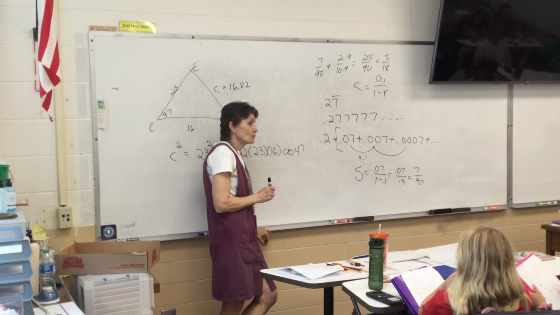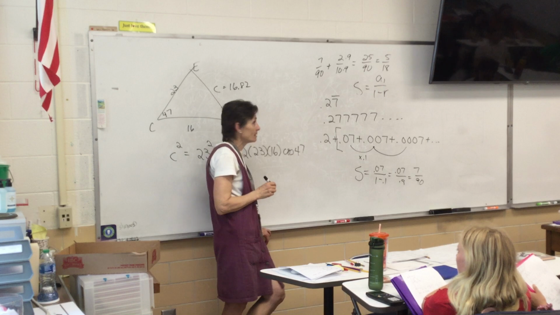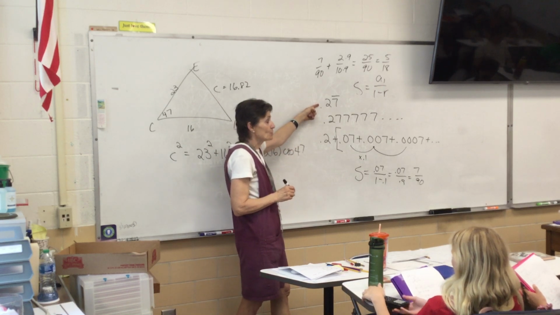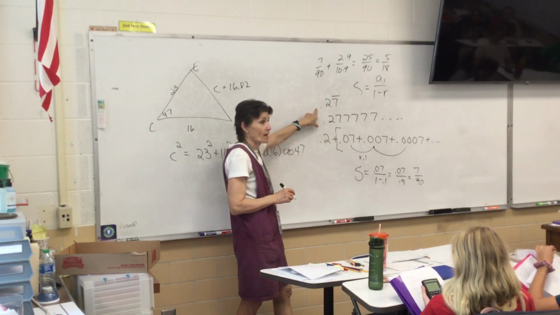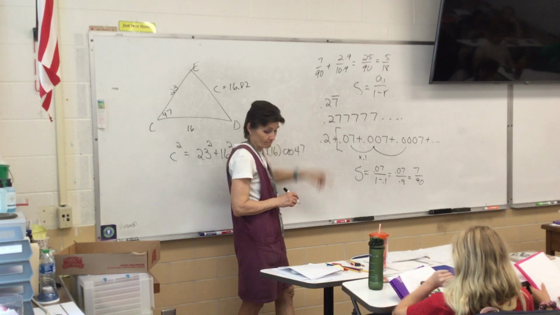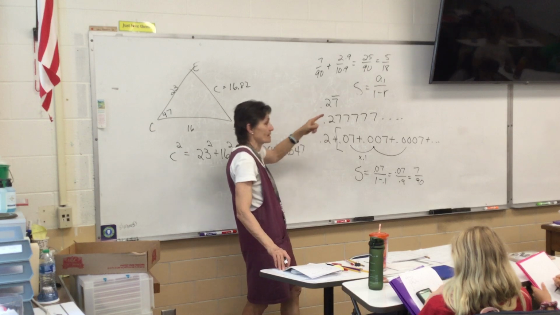If you took your calculator right now and did 5 divided by 18, it better say this. Because you just figured out that that was the decimal equivalent of this fraction. That's the fractional equivalent of this decimal.